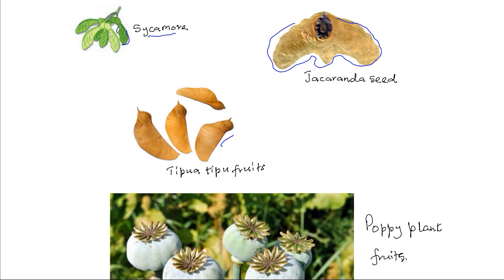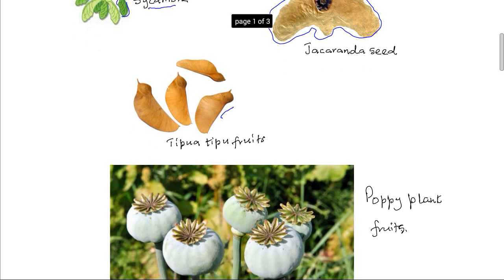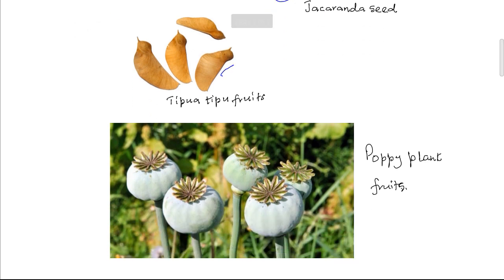Now, in some plants that are adapted to wind dispersal, the fruits are borne on long stalks. Long, slender stalks, such that as the plant sways in the wind, for example, like in the poppy plant, seeds are thrown out through openings at the top.